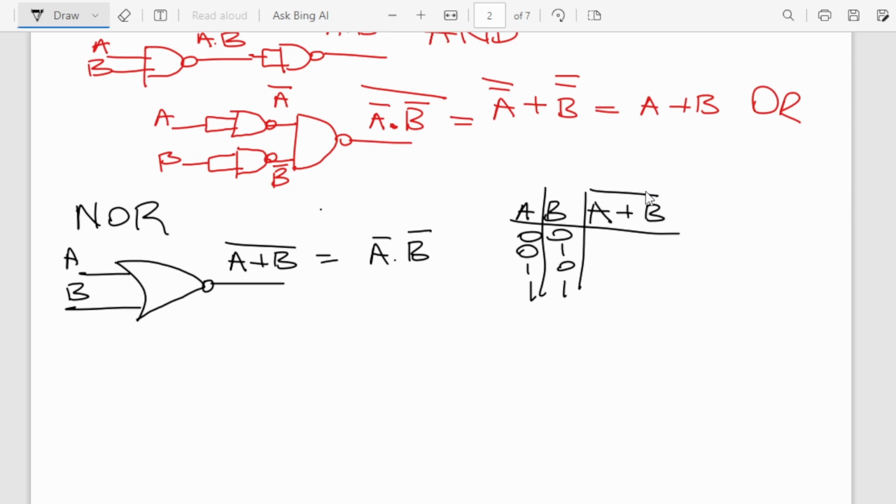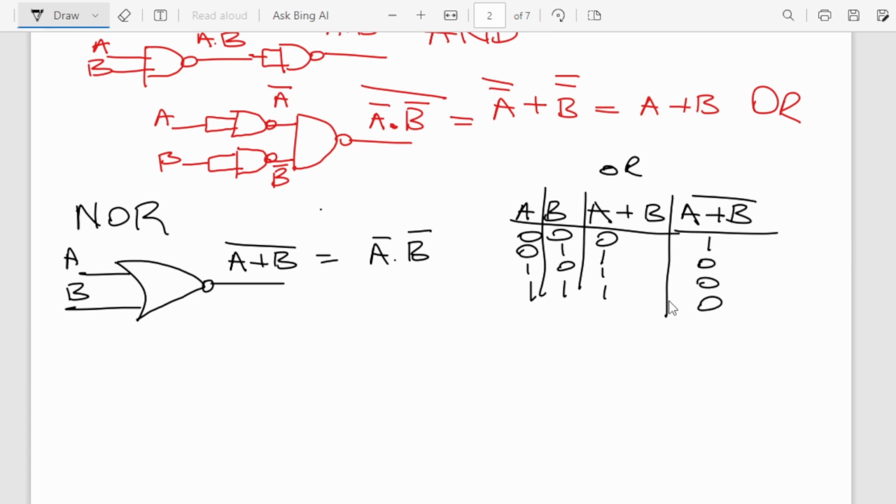According to the OR gate, anytime we have a 1 on the input, we have a 1 on the output. So this is the output for the OR gate. When you have the NOR, we simply put a bar on top of it, so the output is just going to be inverted. So being inverted, we're going to have 1, 0, 0, 0.